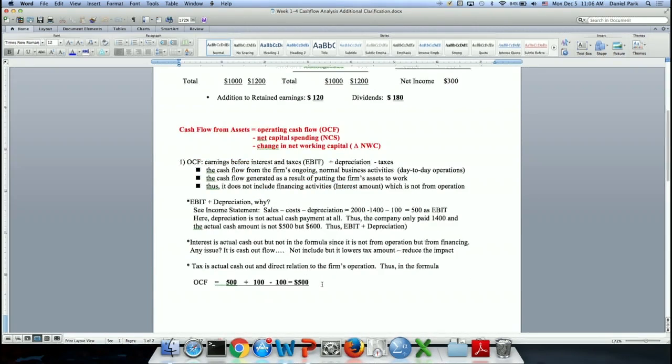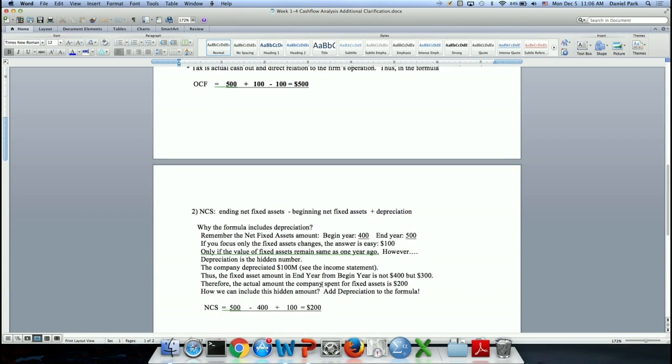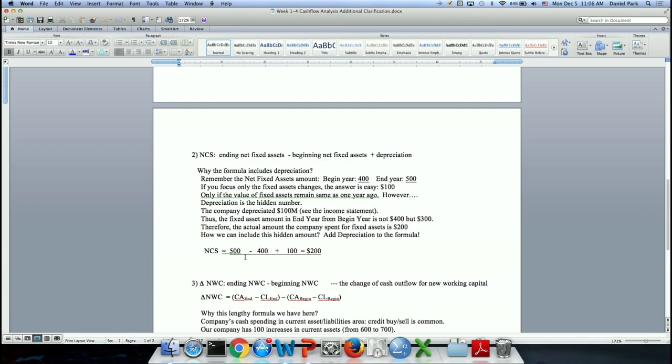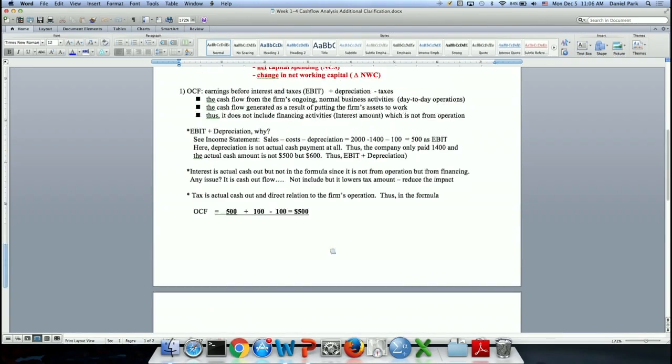That's the actual net capital spending. So I put up here the detailed explanation. You read it again, then you can get what that means. So ending fixed asset minus beginning plus the hidden number, depreciation. Then we end up with 200 million as the actual cash outflow.